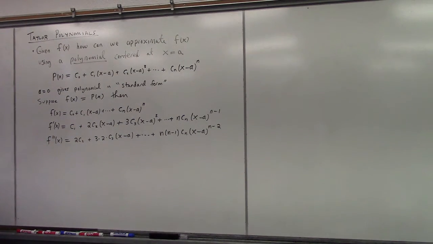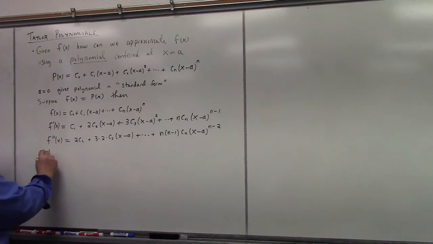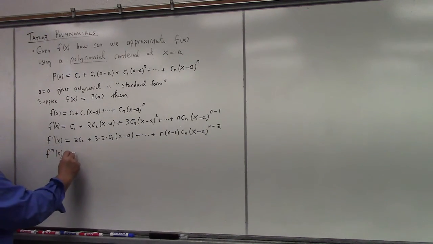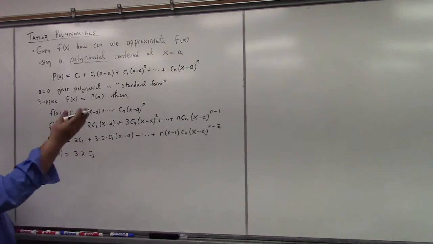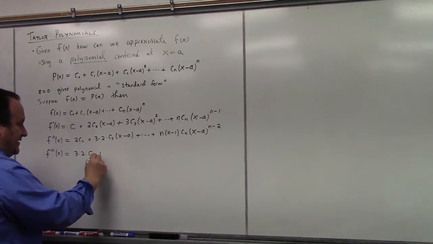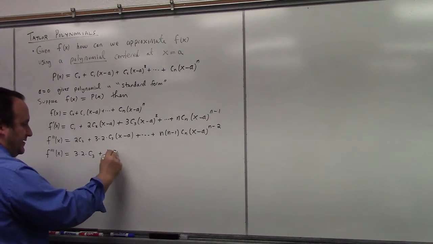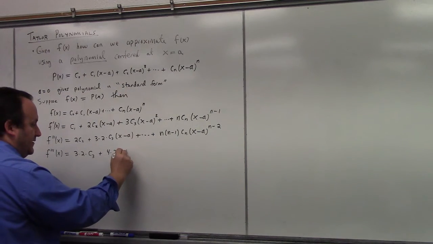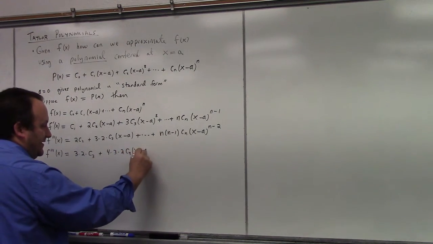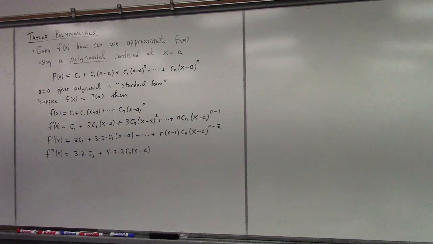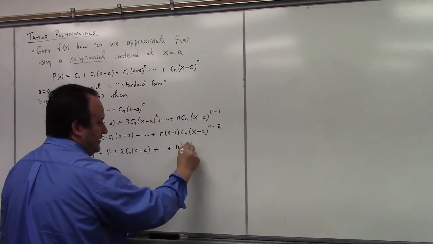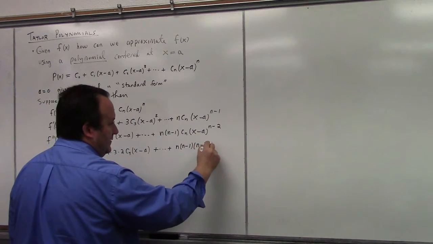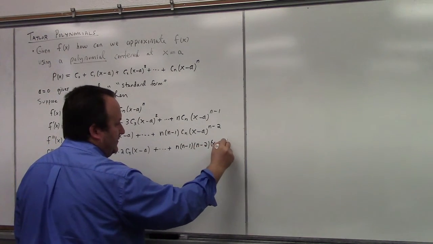What happens when we take a third derivative? Yeah, 3 times 2 times c3, the x minus a differentiates away. And then the next thing up the chain would be 4 times 3 times 2 c4 x minus a, if you kept track of it. And then the final one, n times n minus 1 times n minus 2 times x minus a to the n minus 3, right?